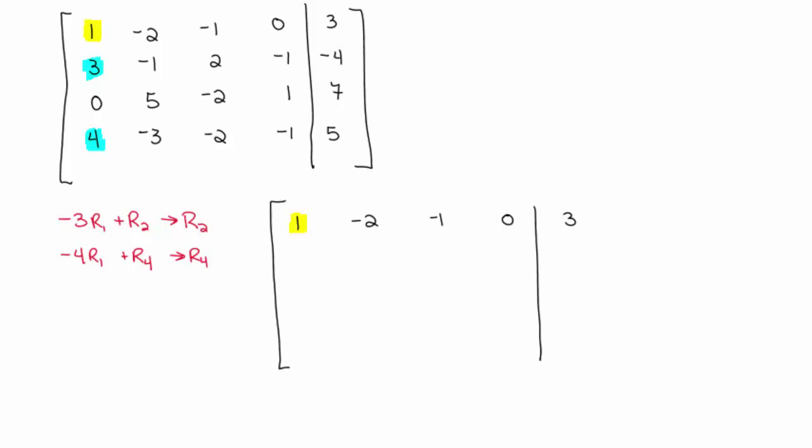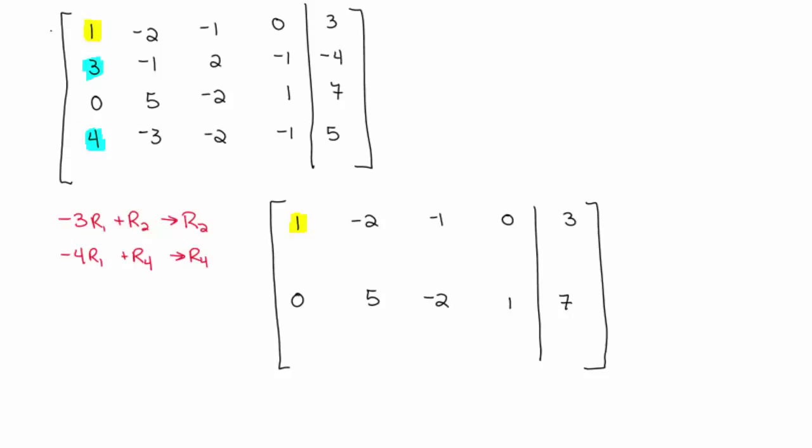I was actually going to write the whole thing down and then show you the result, but I decided it might be best actually to show you each of the moves here. So I rewrote the first row because technically speaking, we're not really changing the first row and we're not really changing the third either. So I'll write that in 0, 5, negative 2, 1, and 7.